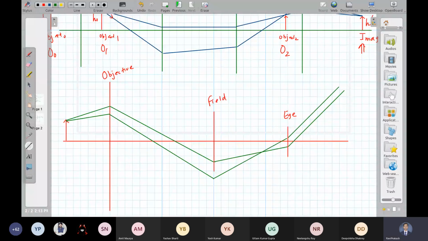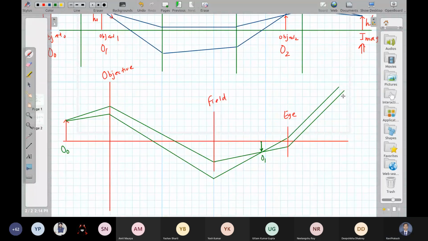So if I put some object here, O0, which is a real object, and if I put another object here of a particular size or shape, O1, then I will see an overlap of these two images. And if all 3 lenses do not have any aberrations, the images of O0 and O1 will be very sharp and very clear.